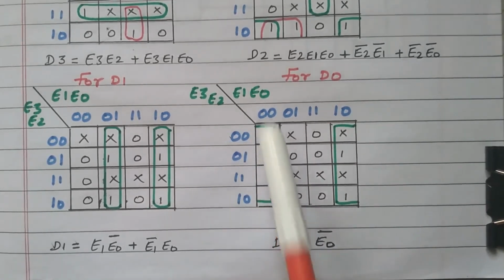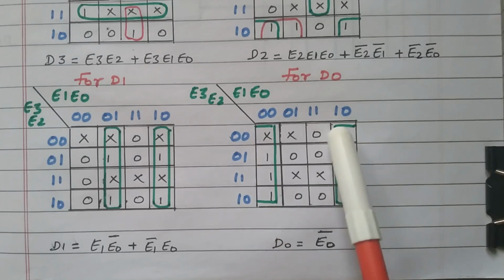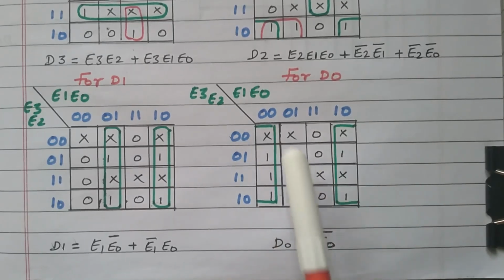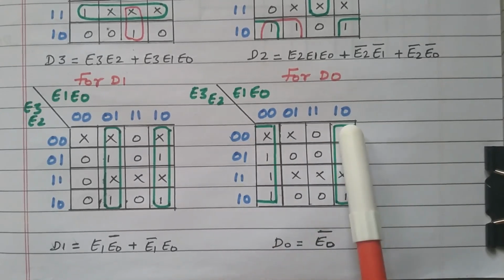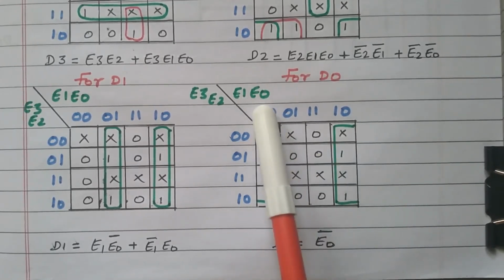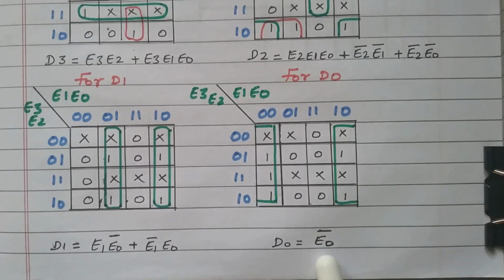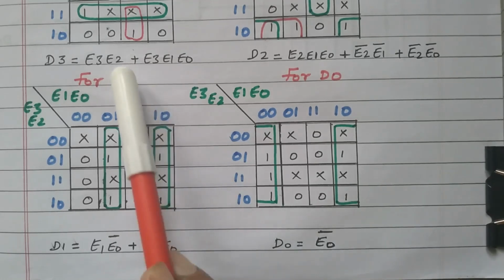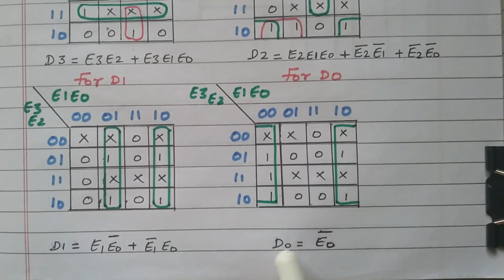Only we have to refer the corresponding column, 0 0 1 0. The first here 0 is available, here 1 is available, cancel. Second number is here also 0, here also 0. Second number means E0, 0 means E0 dash, right? So we got E0 dash. So for D1 we got E1 E0 dash plus E1 dash E0. D0 is E0 dash. So now we have the expressions for D3, D2, D1 and D0.